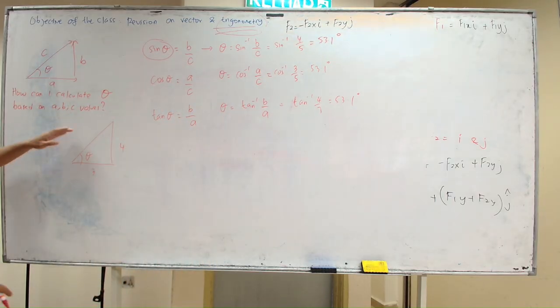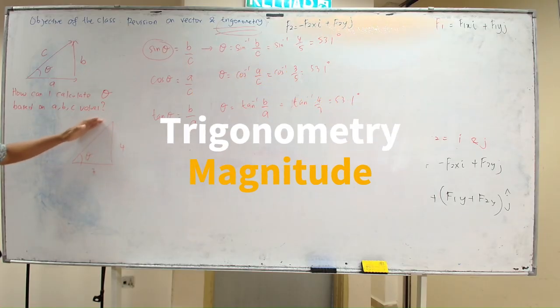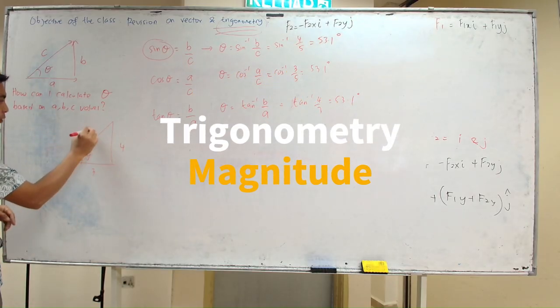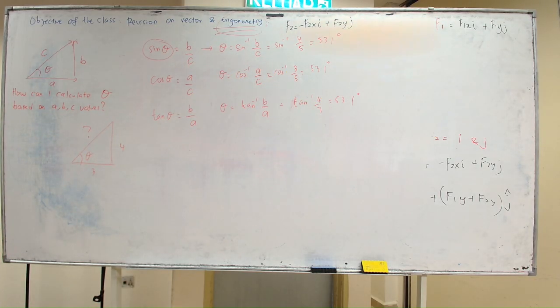Okay, so what is this value? What can you use? You can use tangent. You don't know the theta value also. Hypotenuse. Pythagoras. You use that? Okay.